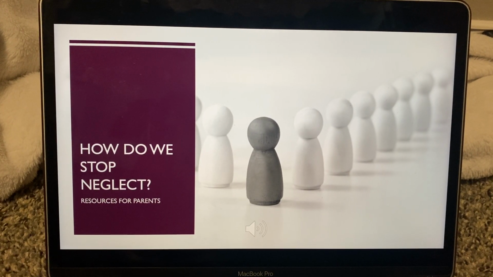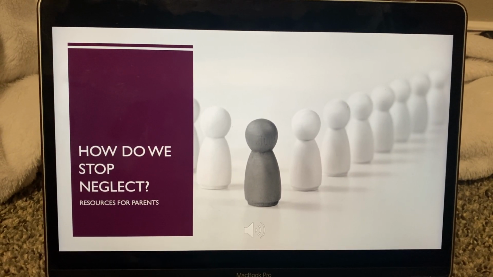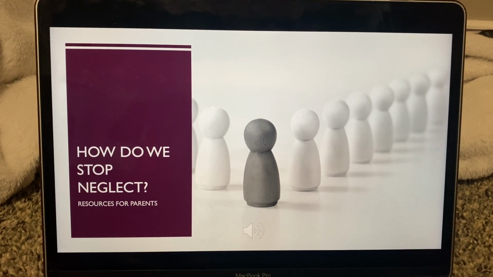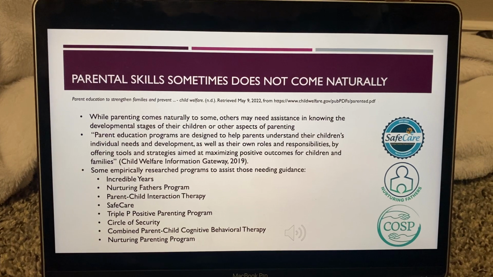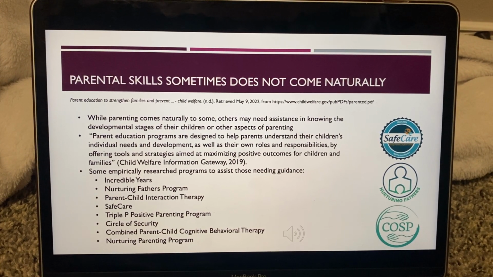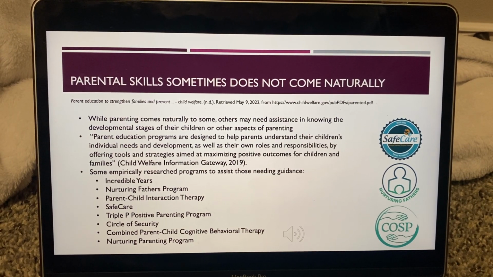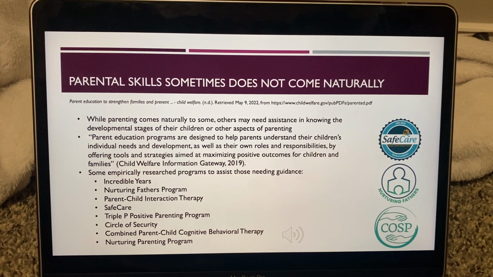I've talked a lot about assisting the victims of child abuse and neglect, but let's shift our gears towards resources for parents who may be neglecting their child due to inadequate skills. Sometimes parental skills don't necessarily come naturally. Others may need assistance in knowing the developmental stages of their children or other aspects of parenting.